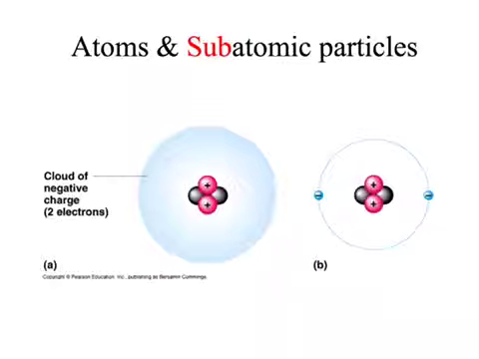So inside the center of the atom is called the nucleus. And in the nucleus we have the protons and neutrons. Now, which one would be the proton and which one would be the neutron?